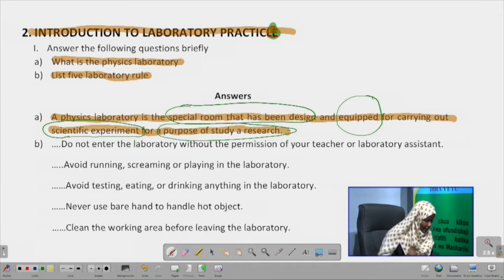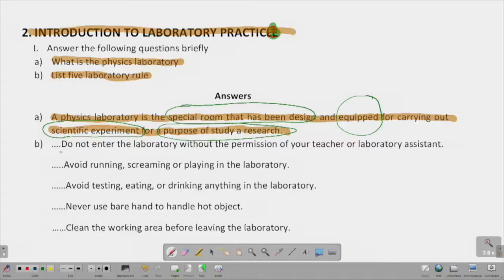Okay, and then letter B says list 5 laboratory rules. So this special room is not like any other. This is a very special room and it has certain rules that you as students have to follow before entering, while entering, or before leaving that room. We are supposed to list 5 rules and here are some of those rules.